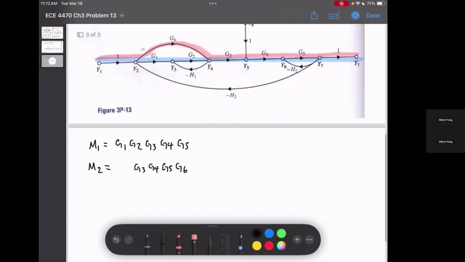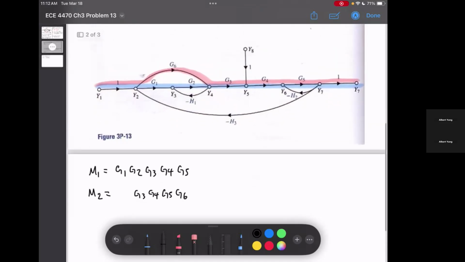And then for these, you also want to find the loops that are there, and there should be 4. So let's go with the first one. We can go from, say, Y2 and back. Yes, that could work.